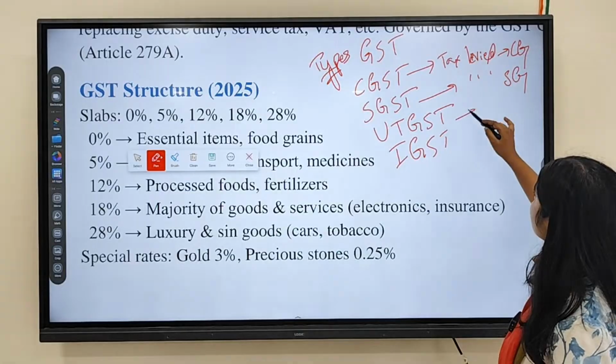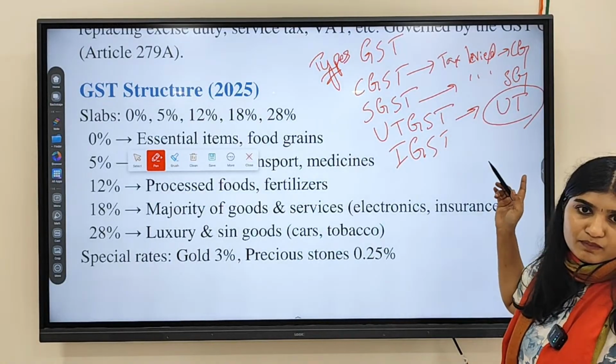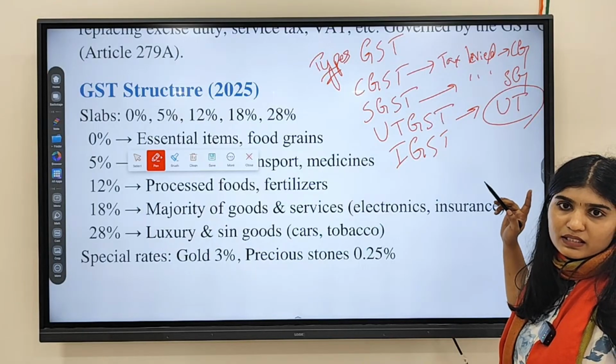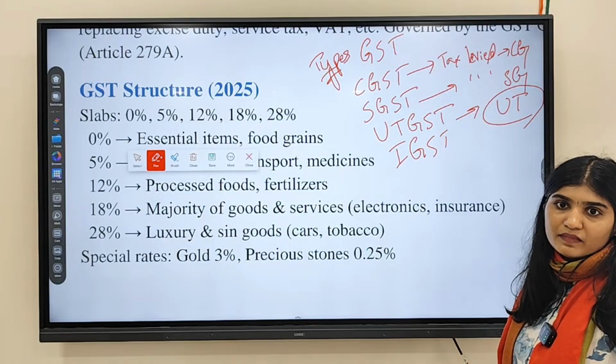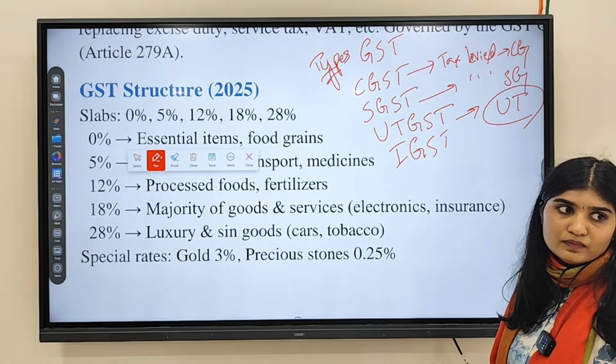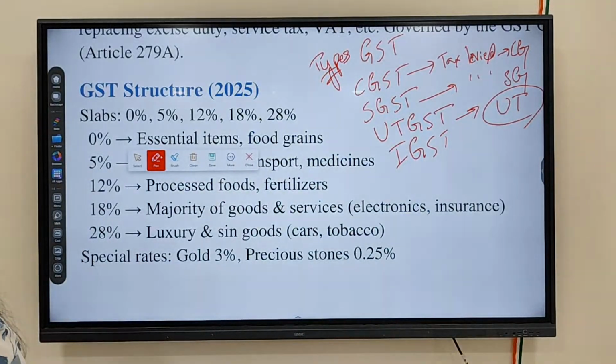If the tax is levied by the Union Territories, then it is called UTGST. How many union territories are there in India? 8. Which are those? Which are the 2 islands that come under Union Territories? Andaman and Nicobar, Lakshadweep.